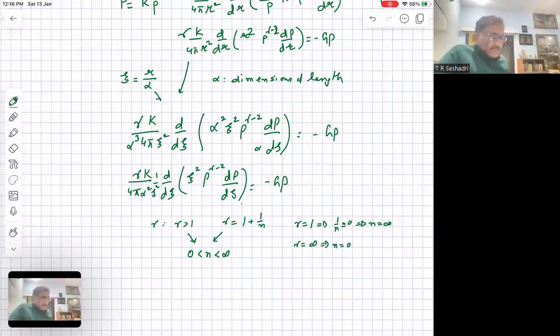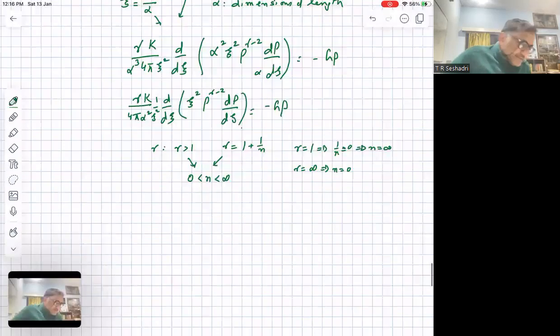So basically my n can vary from 0 to infinity. We will come to which are the physically relevant ones for me, but this is the range in which n can vary. And if I do this, I can rewrite this in a particularly interesting way.